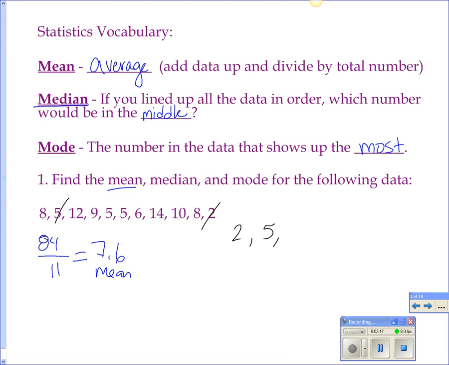How many 5s are there? Okay, so I have to put 5 and 5. Then what? And then, so there's 2 8s, and then a 9. Then what? And then 12.